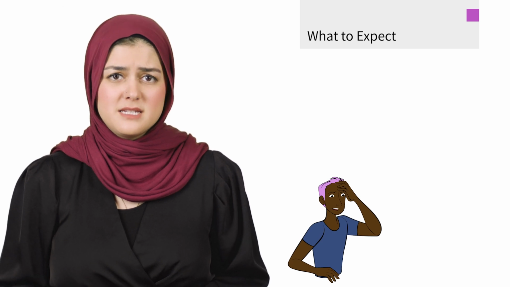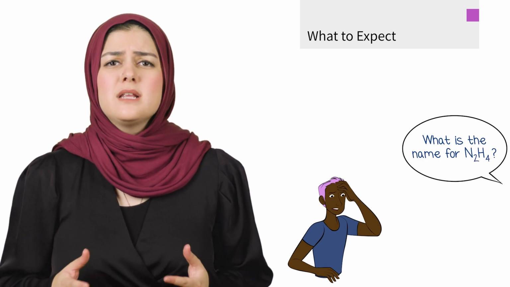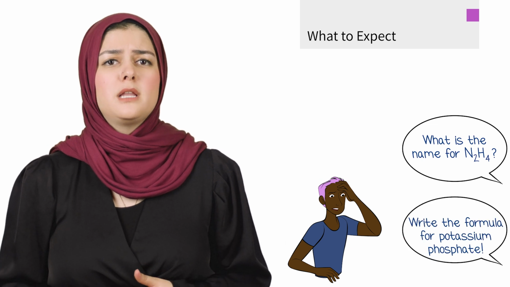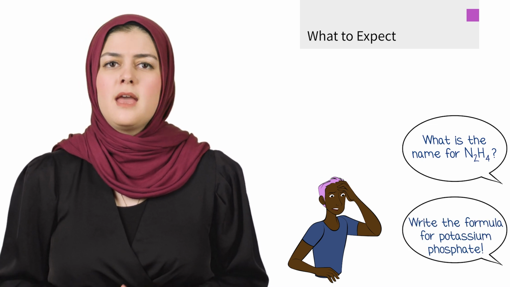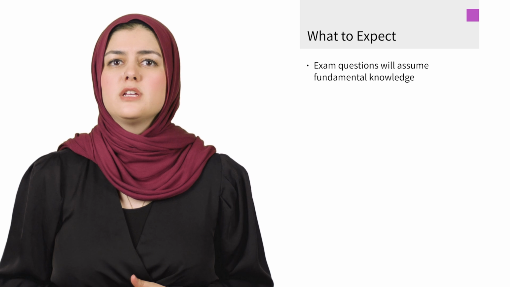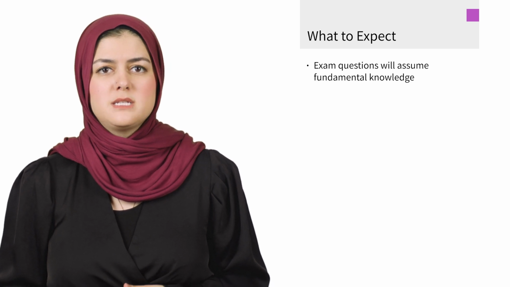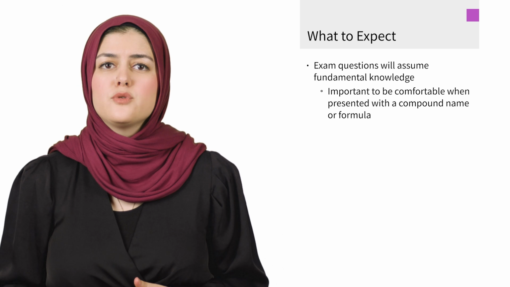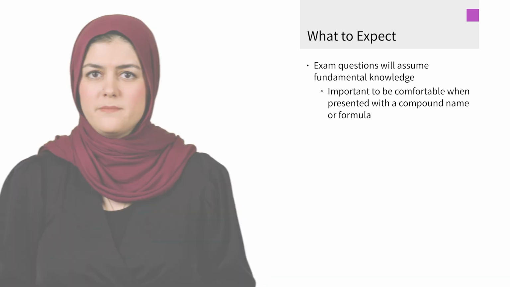To help you contextualize this material, please recognize that you're unlikely to be tested directly on questions like, what is the correct name of N2H4? Or what is the chemical formula of potassium phosphate? Instead, problems often assume a fundamental knowledge of this material, so they might discuss common compounds by name without showing the formula or vice versa.